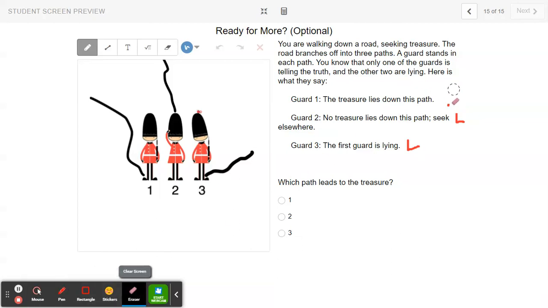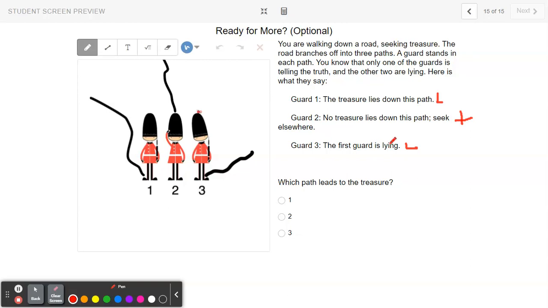So we already know that this can't be true and that guard 1 is lying. All right. So then let's take a look at this. If that's true, let's see if this guy's true. If he's saying it's true, it says, no treasure lies down this path. Seek elsewhere. That means, well, can it be here? No, because he's lying that it's not down here. And then that would mean that this guy's lying.